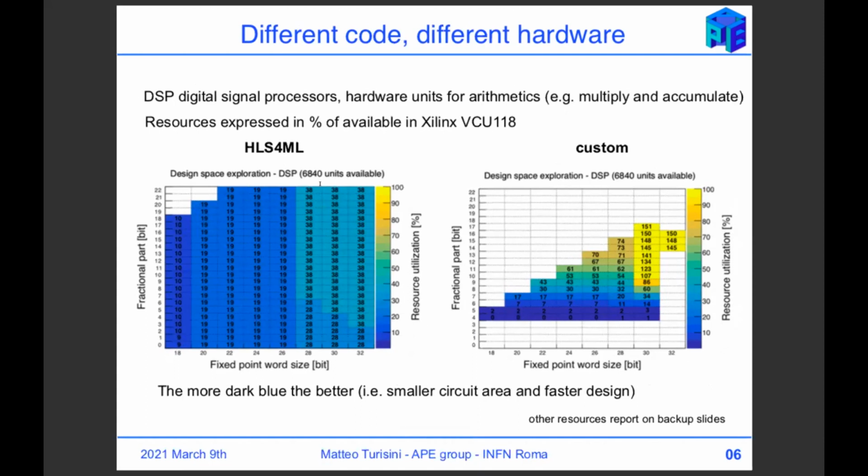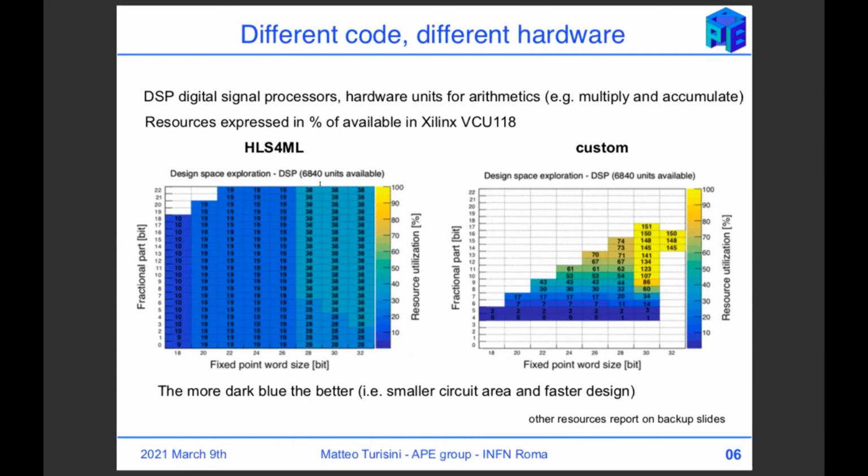This other slide, number 6, shows you the number of DSPs for the same scan as before. And you can see that the two implementations are pretty different. One has a strong vertical correlation. It means that it changes strategy depending on the number of bits, while the other presents the same thing, but it also has some horizontal correlation.